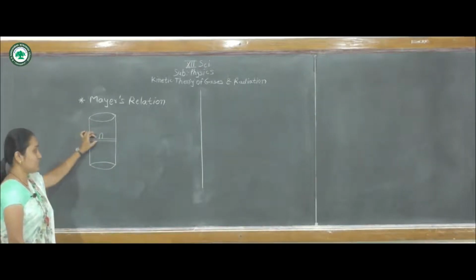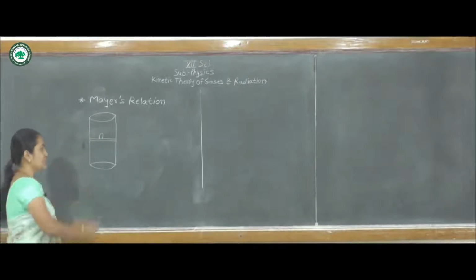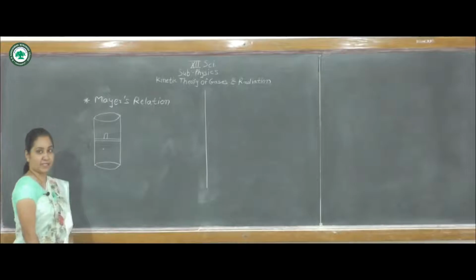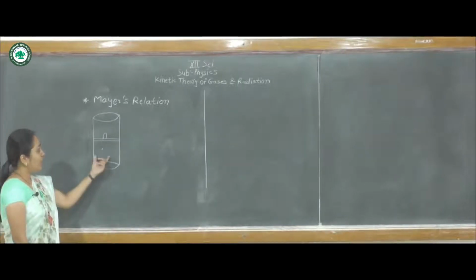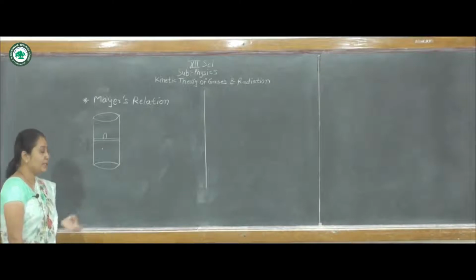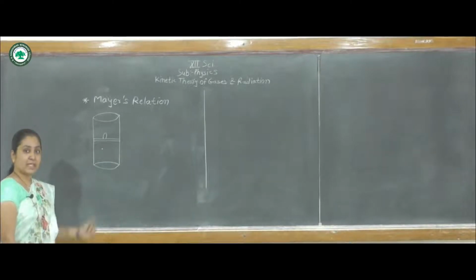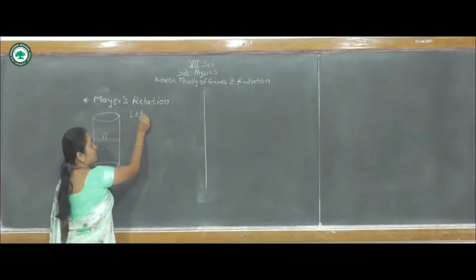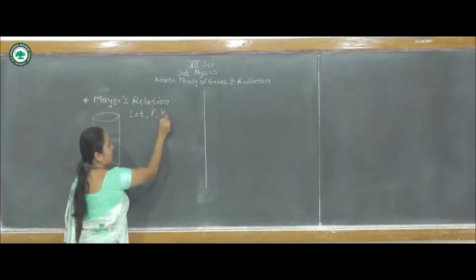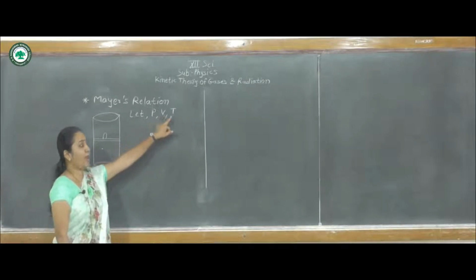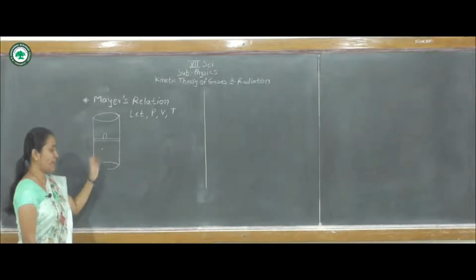So this is a piston. In this cylinder, suppose here is 1 mole of gas. If we heat this cylinder, then the temperature of the gas increases. Suppose P, V, T be the pressure, volume and temperature of this gas.